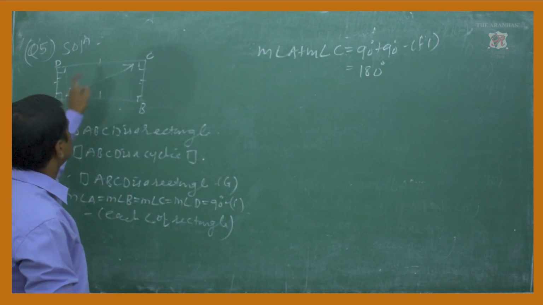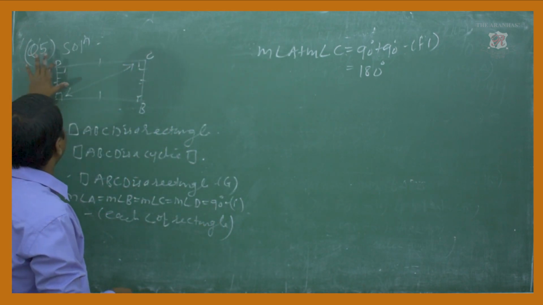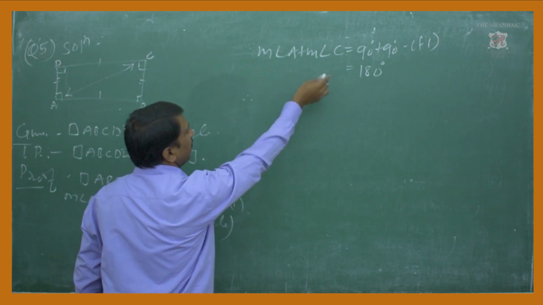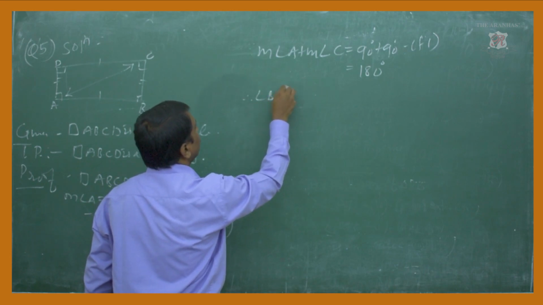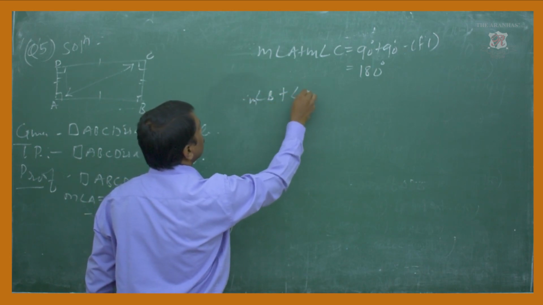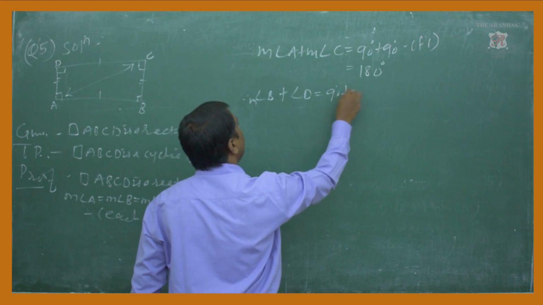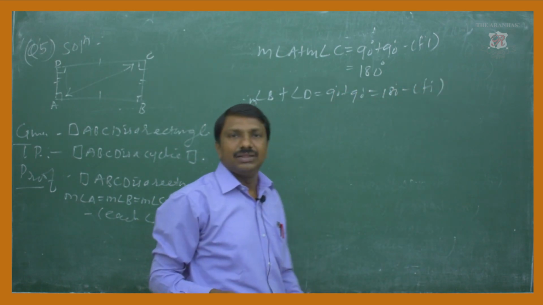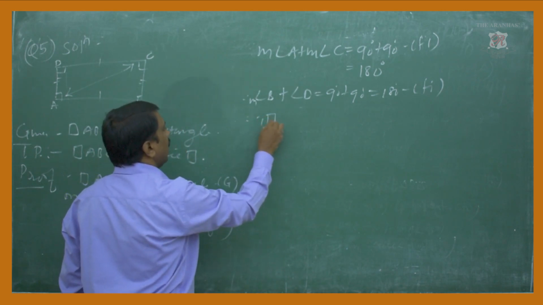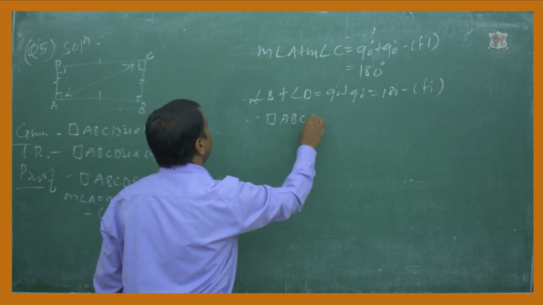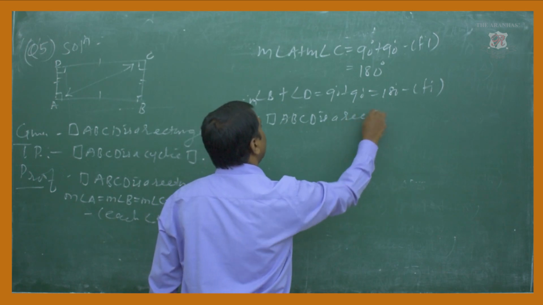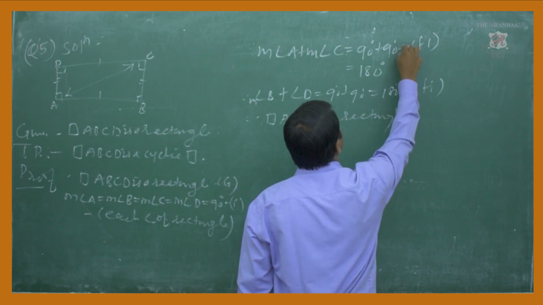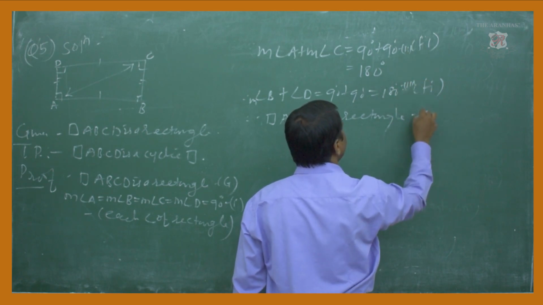So angle A plus angle C is 180. Similarly, measure of angle B plus measure of angle D equals 90 plus 90, which equals 180. That is also from statement 1. And therefore we can say quadrilateral ABCD is a cyclic quadrilateral. This is statement number 2, this is statement number 3, this is statement number 4.